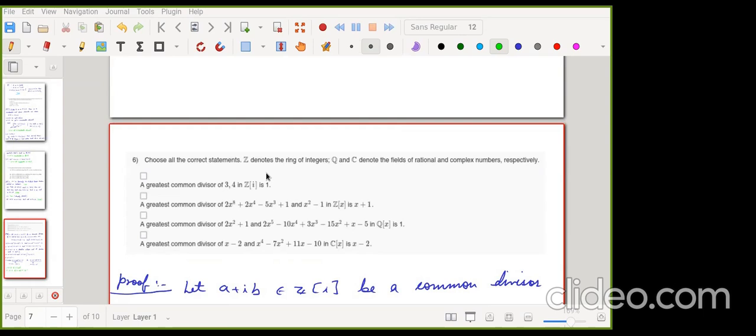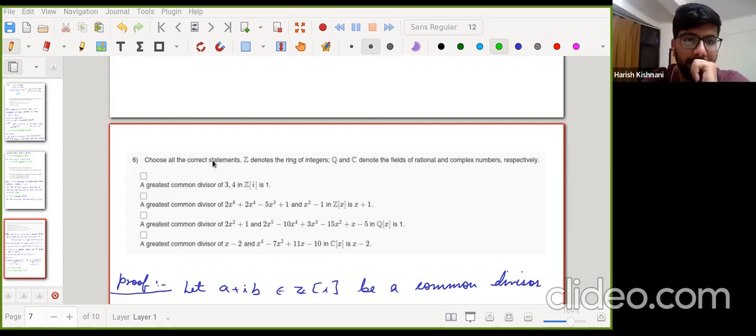For the option that there exists a ring homomorphism from C to R, that should also be correct, no? The zero homomorphism is not a ring homomorphism because phi of 1 has to be 1.